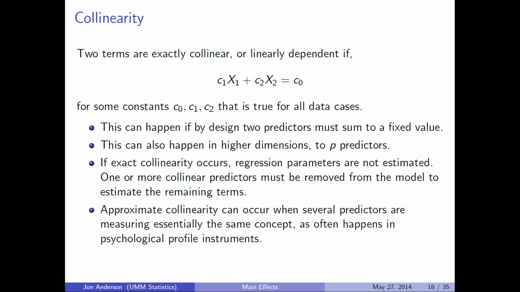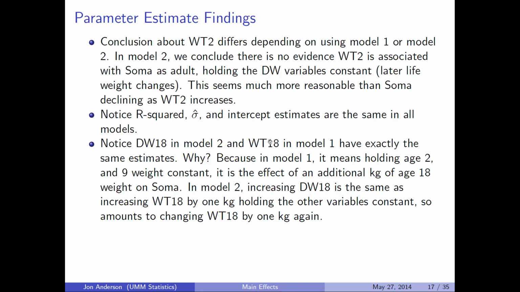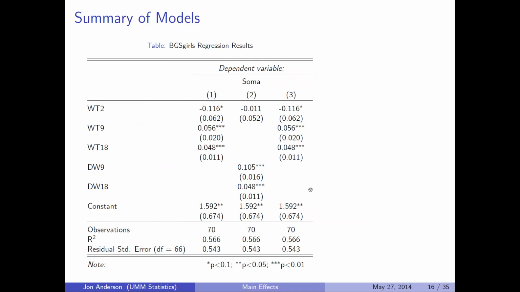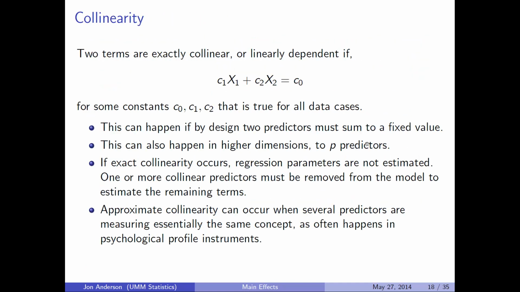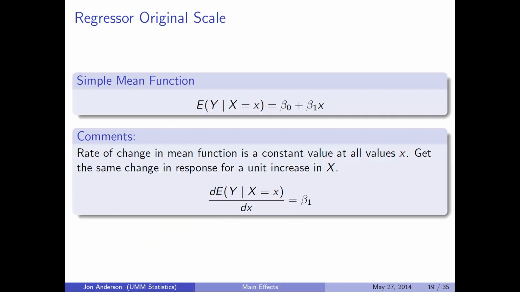And there will be some regressors that will be kicked out of the model and won't be estimated. We saw this happen previously for the DW9 and DW18 variables back here in Model 3. They were redundant, they are linear combinations of the other variables and therefore cannot be estimated. We'll talk more about collinearity or multicollinearity in future work.